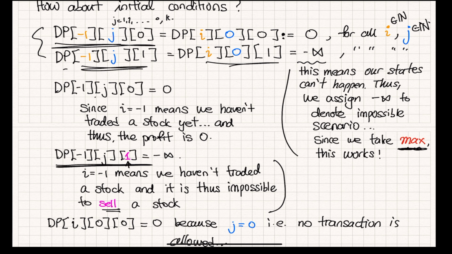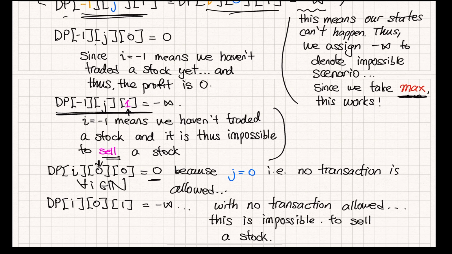Here we also have dp of i comma 0 comma 0, and that's set to 0 for all i in natural numbers. And that's because why? Here we have 0, so no transaction is allowed. If no transaction is allowed, that means you cannot buy and sell a stock. So the maximum profit is just 0, right?